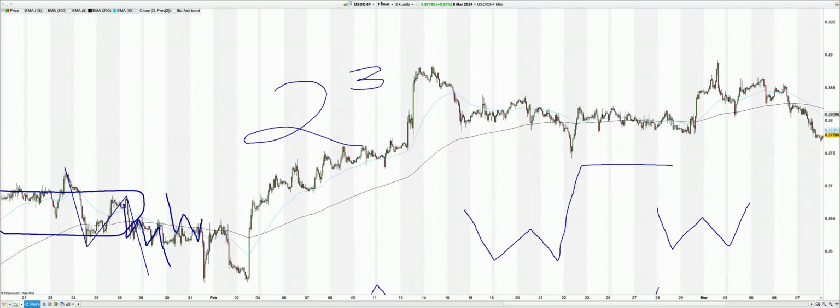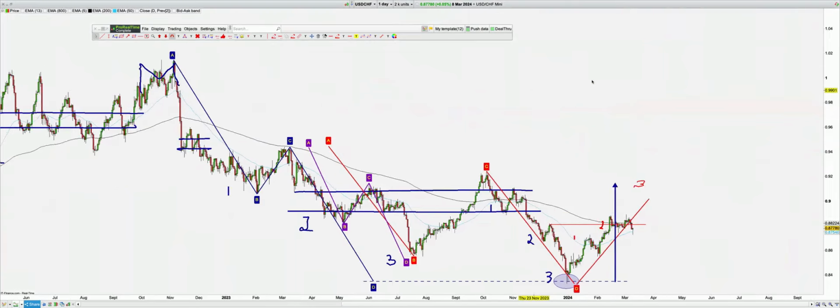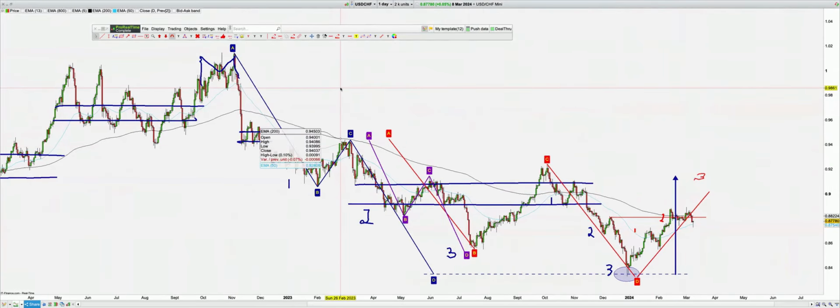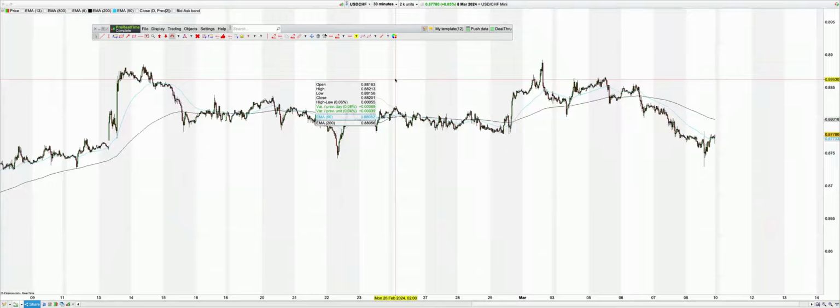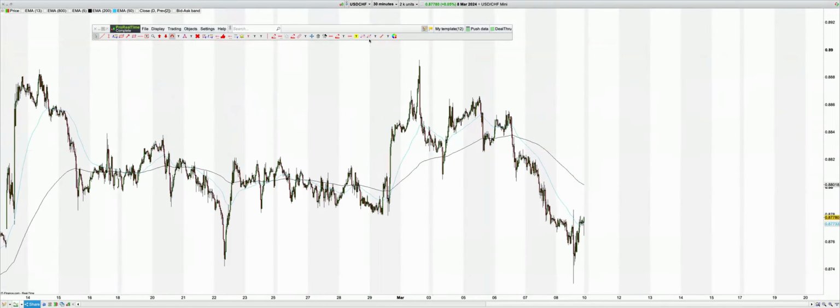USD CHF. Look at those ABCDs completing off the targeted entry. I'm going to have to take this. USD CHF just looks too good to me. ABCD extension, AB equals CD.